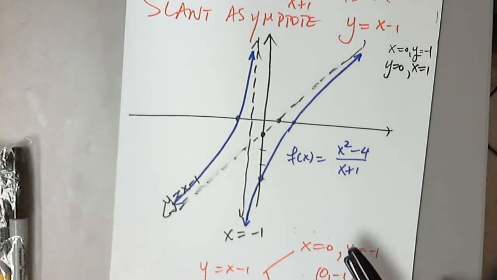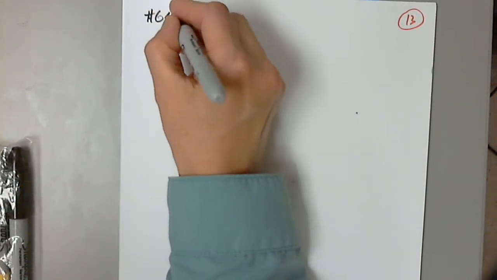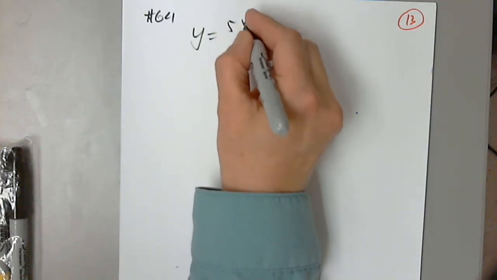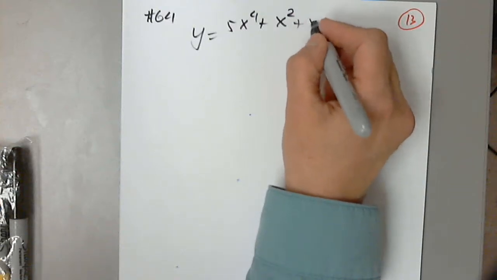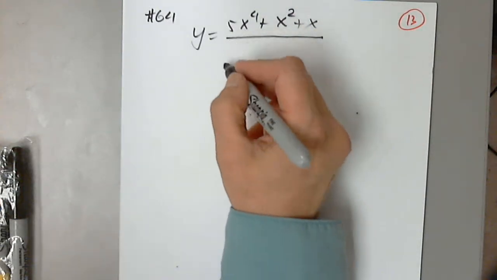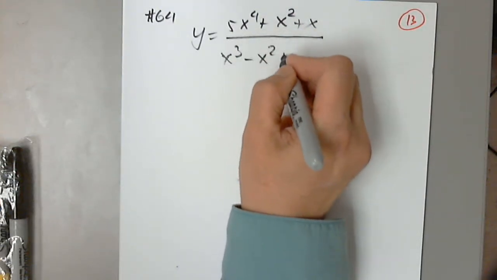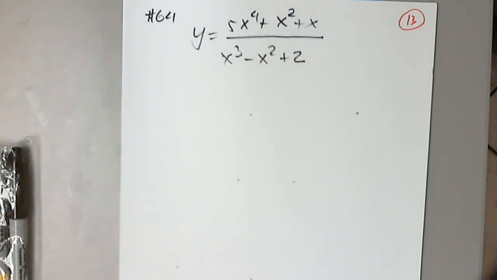Okay, perfect. We picked, I have no idea, oh, 64. So we have y equals 5x to the fourth plus x squared plus x, everything divided by x to the third minus x squared plus 2. Does this function have a slant asymptote?